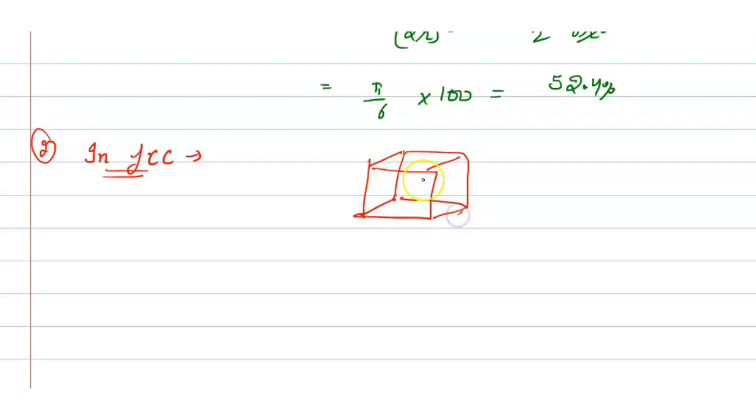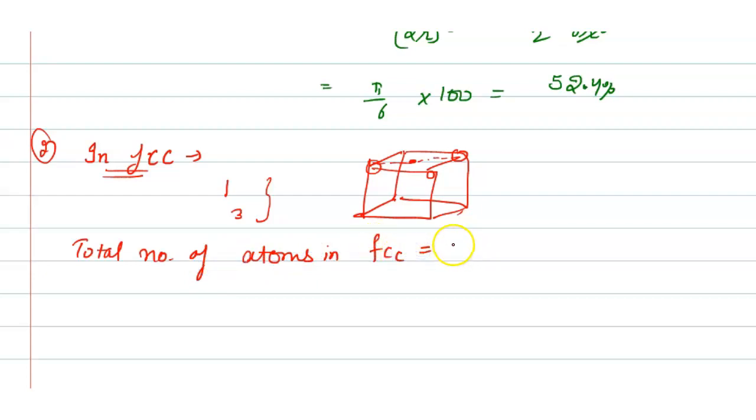You can see this cube, now the face centered is this, and the atoms are at these corners. At the corners, the contribution is 1 atom because 1/8 part is present in each corner, and the face centers contribute 3 atoms. So the total number of atoms in the face centered cubic unit cell is equal to 4 atoms.